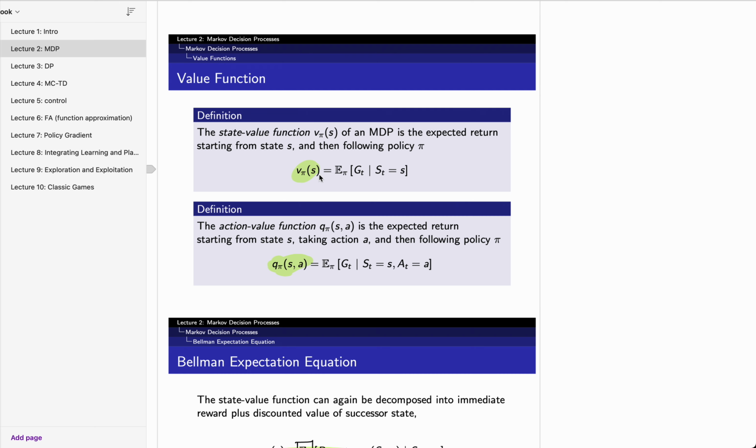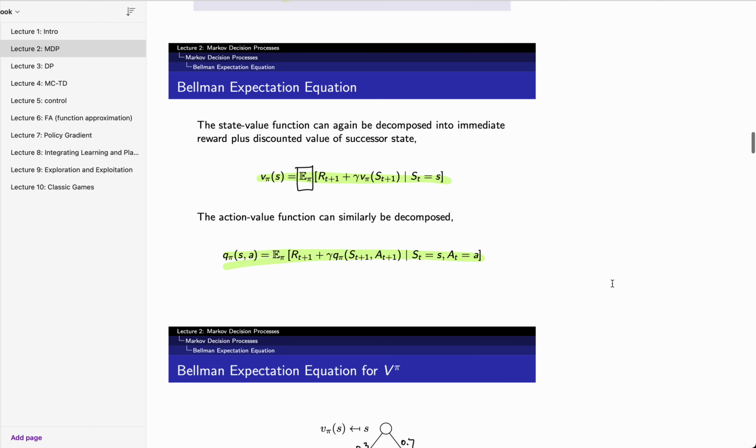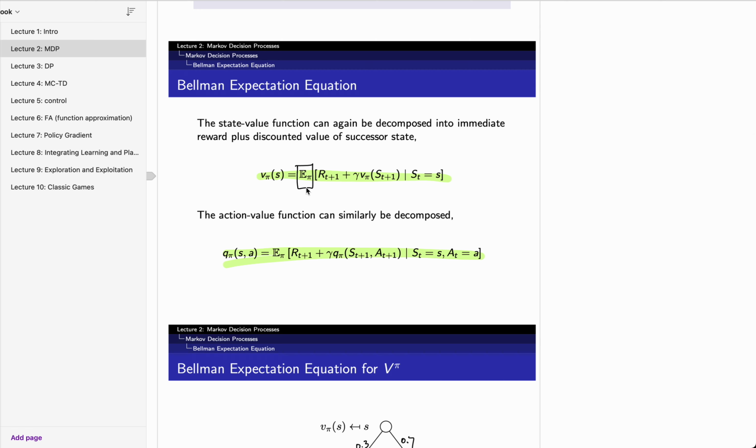State value function V pi and the action value function Q pi. V pi would be the goal given just the state. Q pi would be the goal given both the state and the actions. Again, the goal is defined as immediate reward plus all future rewards.